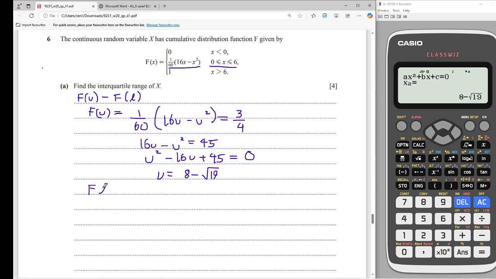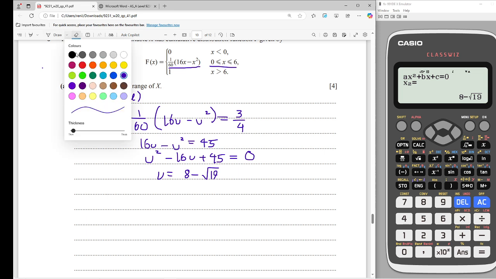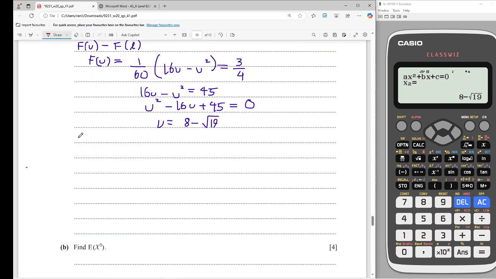Okay, moving on. F of L, basically the lower quartile. Let's take this in different ink to avoid confusion. F of L. So that means 1 by 60 times 16L minus L squared is equal to, lower quartile is the 25th percentile, which is represented as 1 by 4 in fractions.